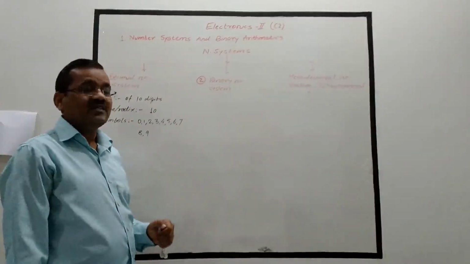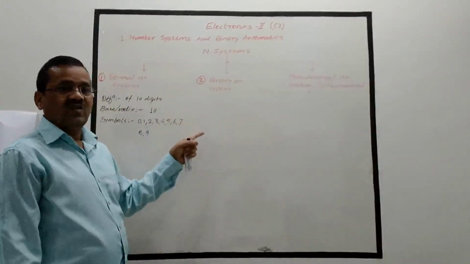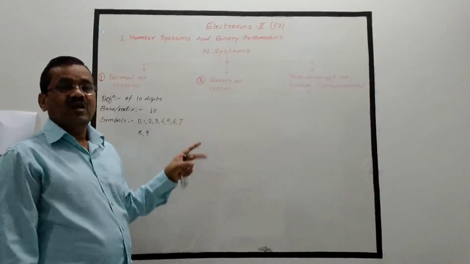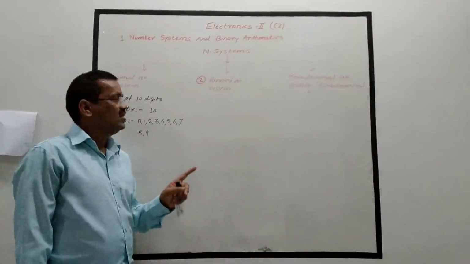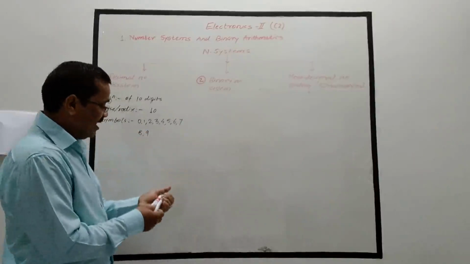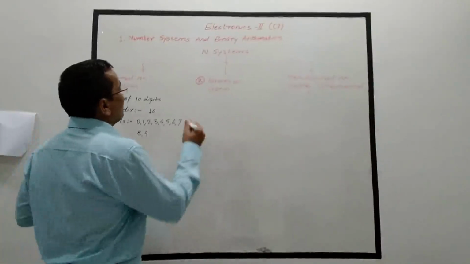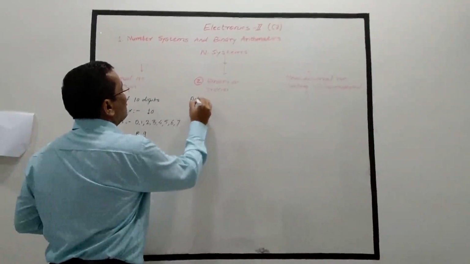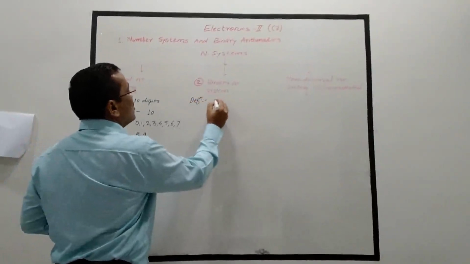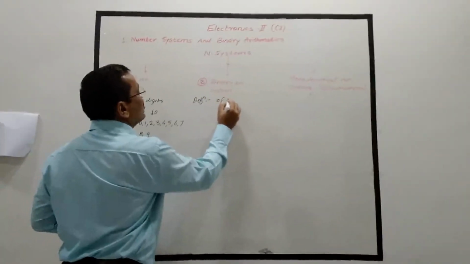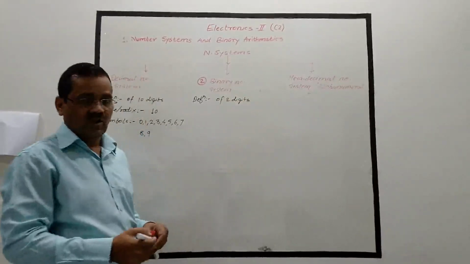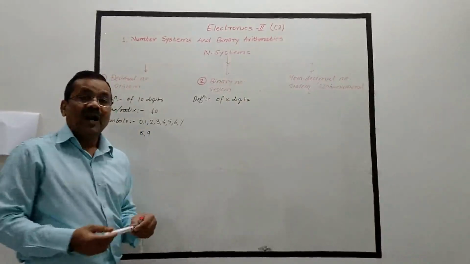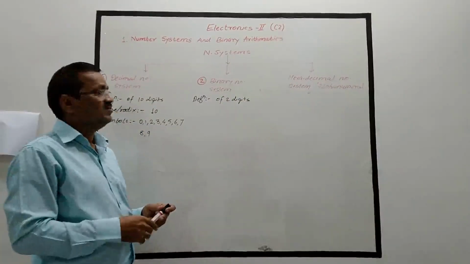We can define it as the number system which consists of 2 digits or 2 basic symbols. Bi means 2.